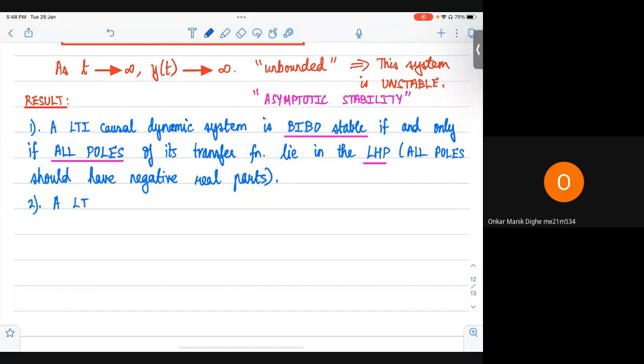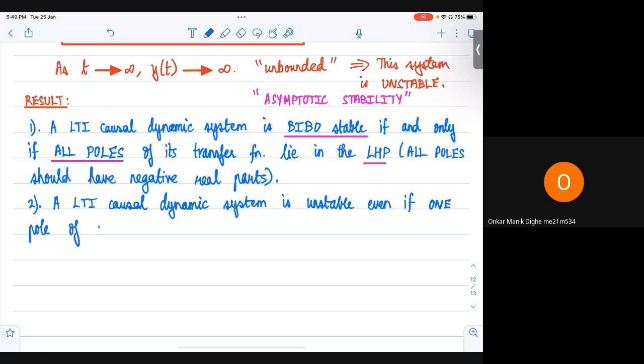Now, the second result is: an LTI causal dynamic system is unstable even if one pole of its transfer function lies in the right half plane, that is, has a positive real component.